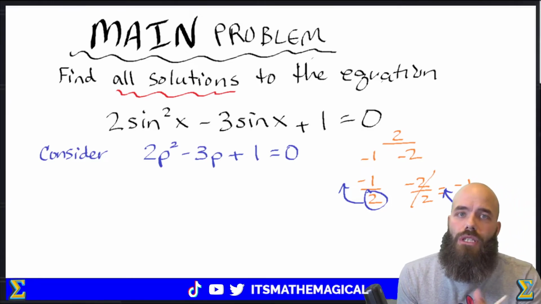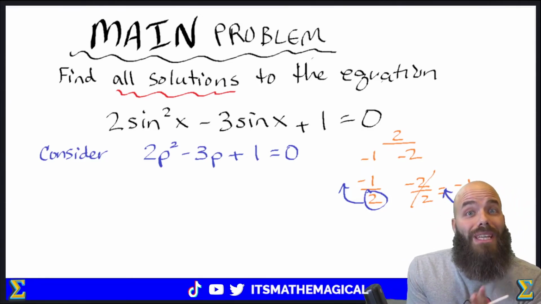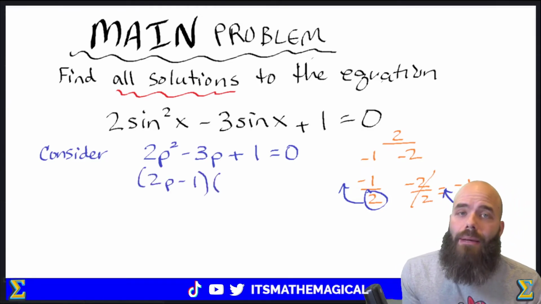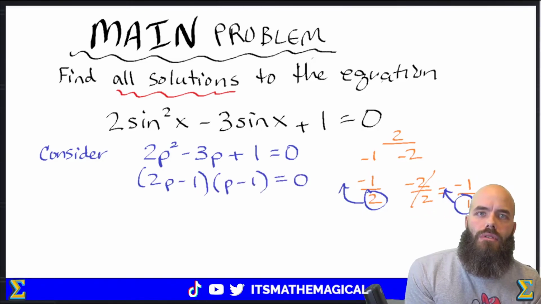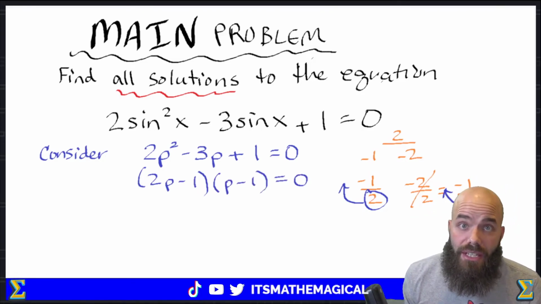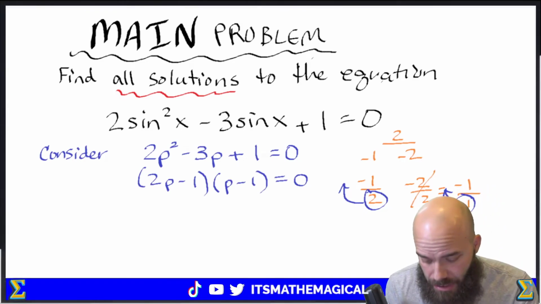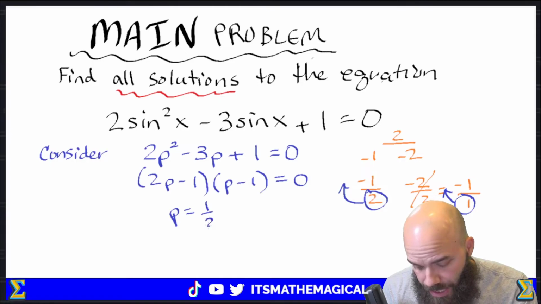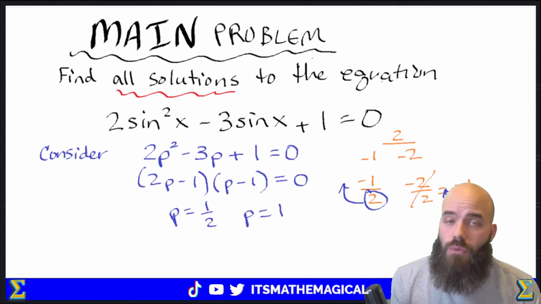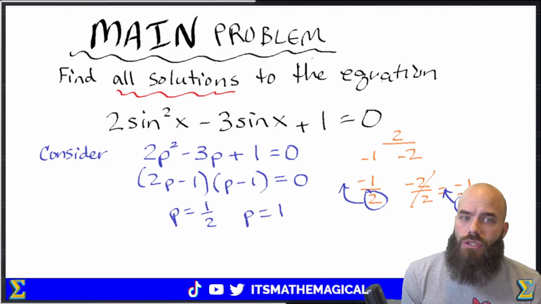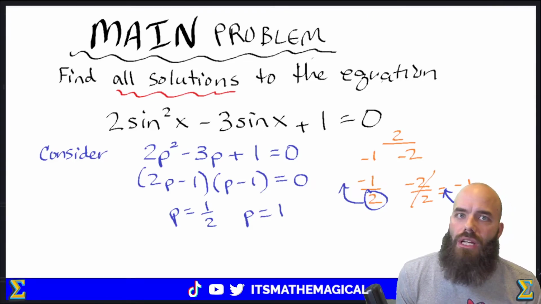And so the factors would be 2p minus 1 and p minus 1. If we wanted to solve this, we would just set these factors equal to 0 and get p is equal to 1/2 and p is equal to 1. So treat this as if it's a regular quadratic.